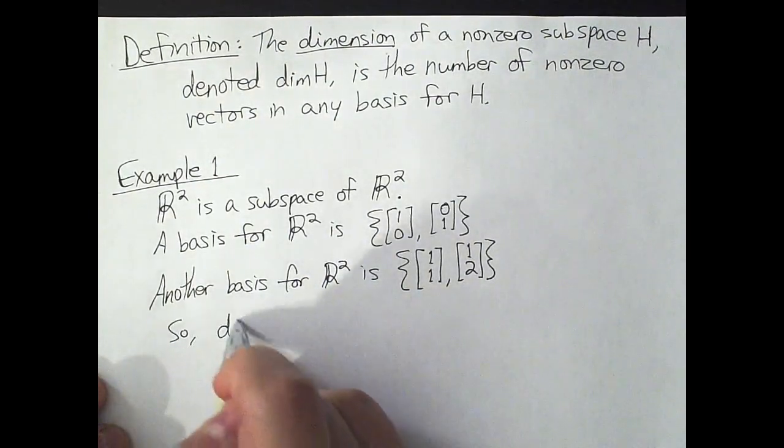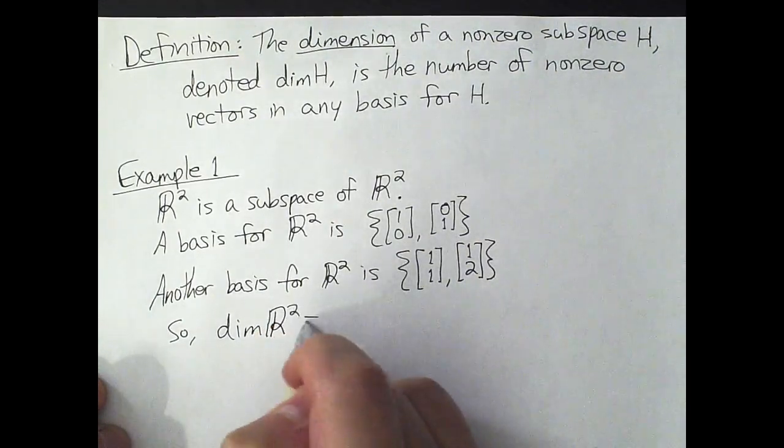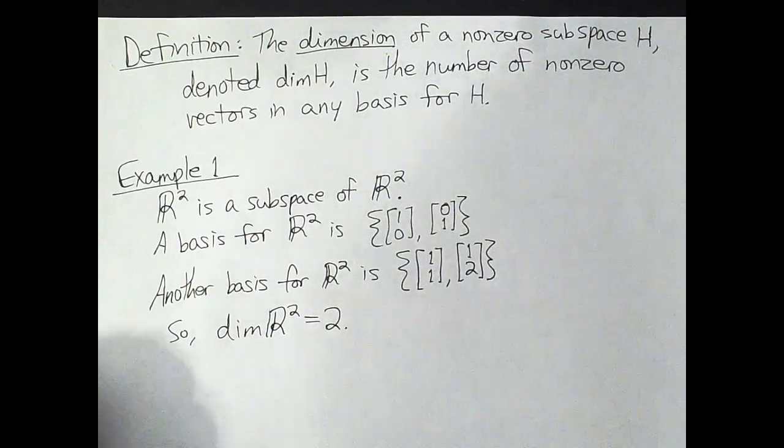So, using this new word dimension, we could say the dimension of R2 is 2, because that's always going to be the number of elements in a basis. You could come up with other bases. That would actually be good practice maybe. Come up with some other bases for R2. You will find that they always have two vectors.